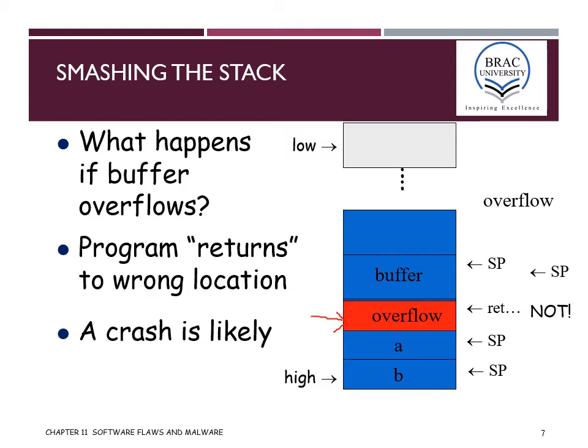So the function might crash, because it was supposed to go to this place. But now because of this overflow the value is different, so we actually don't know where it is pointing. Maybe it is pointing to some other place, there may be some garbage value.